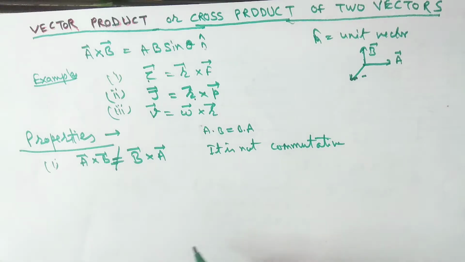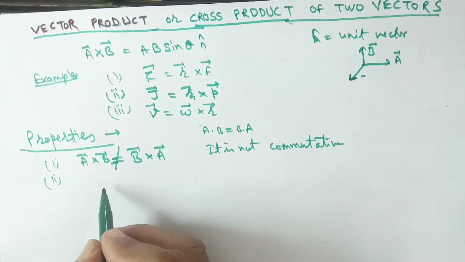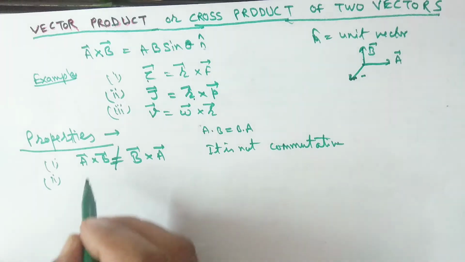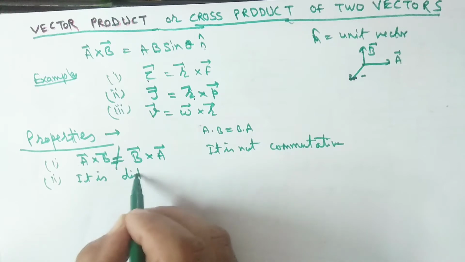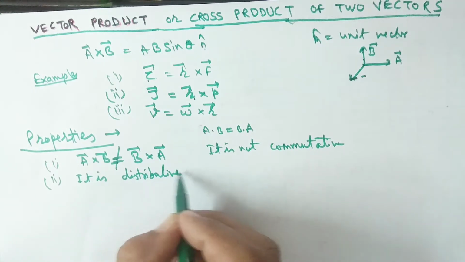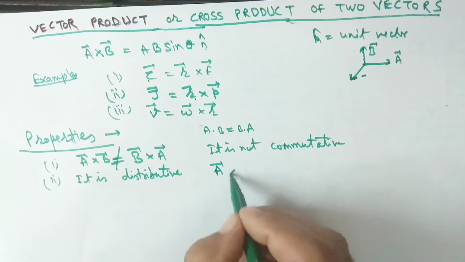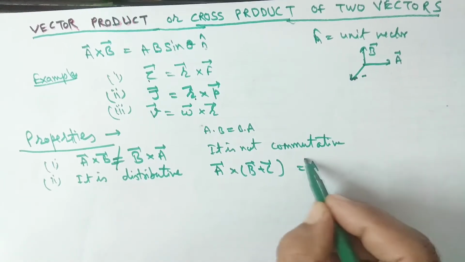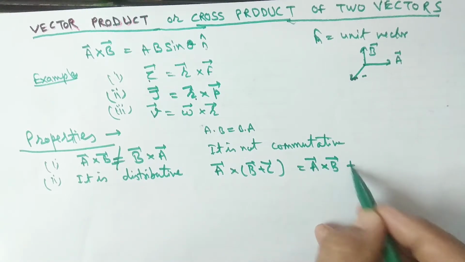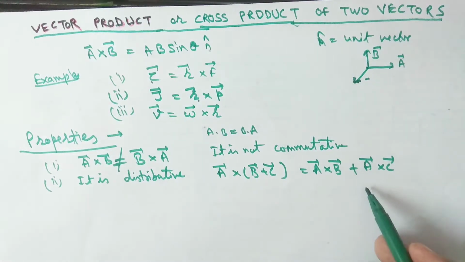And the second property we can see: like the scalar product, it is distributive. Distributive means the vector A cross (B plus C) is equal to A cross B plus A cross C. But dear students, you have to remember about the sequence.